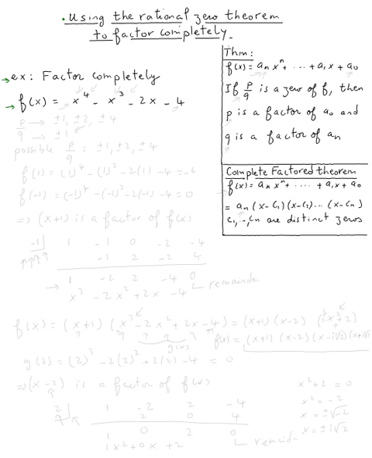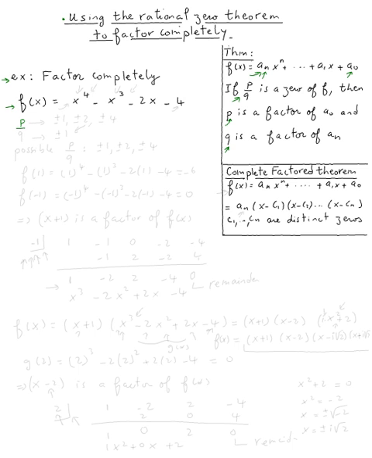The theorem says if you have a polynomial written in that form, if p over q is a rational zero, written in lowest terms, then p has to be a factor of the constant a0, and q has to be a factor of an, the coefficient of the highest degree term.